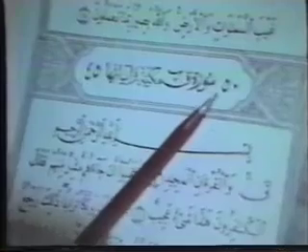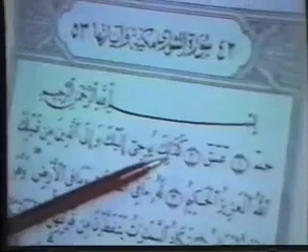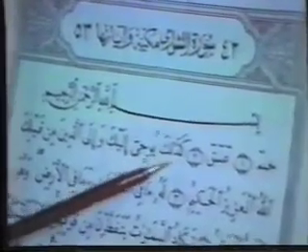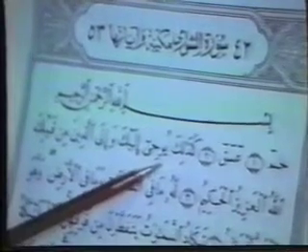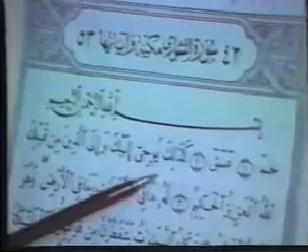And if you add the 57 Qaf of this surah, number 50, plus the 57 Qaf in surah number 42, 57 plus 57 is 114, which is exactly the same number as the surahs of Quran. 57 plus 57 equals 114, the number of surahs in Quran.